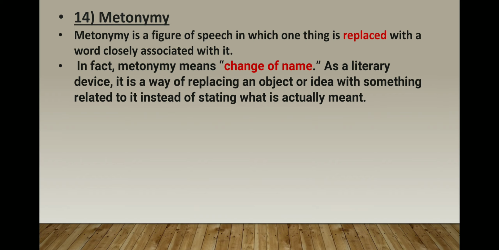As a literary device, it is a way of replacing an object or idea with something related to it instead of stating what you actually mean. So in simple terms, metonymy का मतलब होता है change of name. Change of name is very closely associated to the meaning which we want to convey here. Let's understand it better with the help of examples.